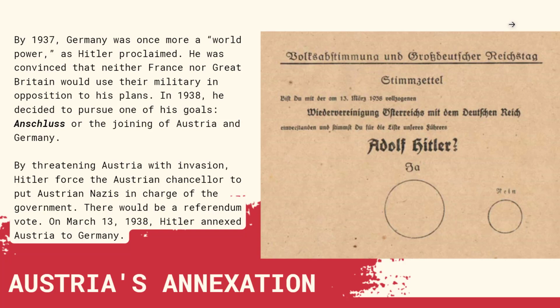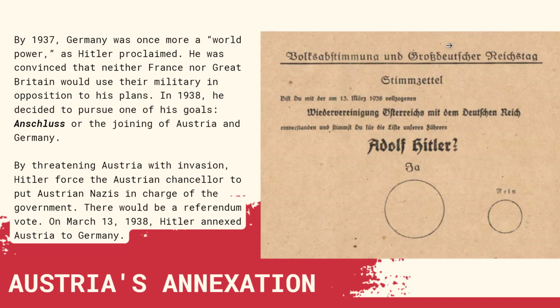That was called Anschluss. He threatens Austria with invasion, forces the Austrian chancellor to allow the Nazi party to take control of the government, and then issues a referendum vote. This is the actual referendum vote that was sent out in Austria.